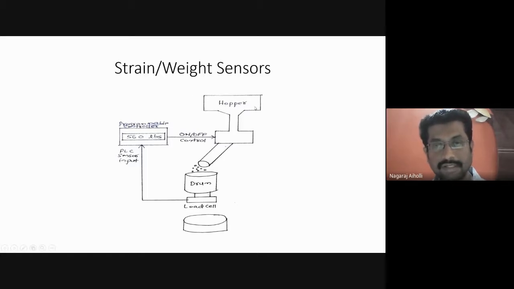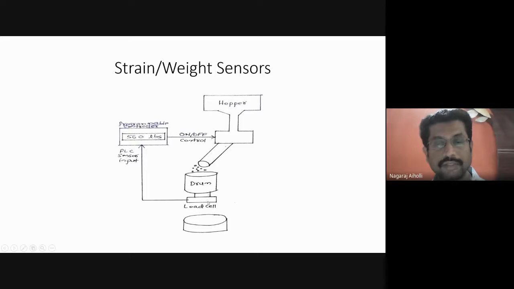So here the materials are fed into this hopper, and we want to measure the weight of the material. Then these materials are ejected out of the hopper and they fall into the drum. We have to measure the weight of the materials which are ejected into this drum.